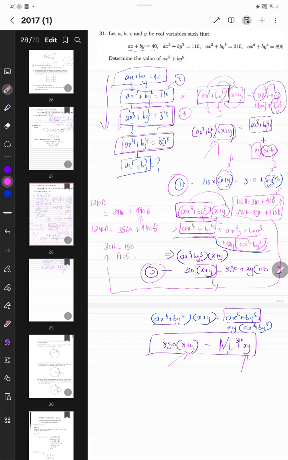If a is equal to 5, we just have to do the substitution here. If we do so, we would end up with 550 is equal to 310 plus 40b, which suggests 240 is equal to 40b, so b is equal to 6.